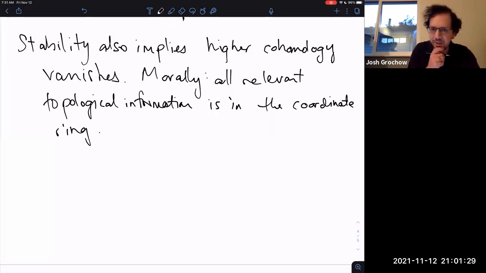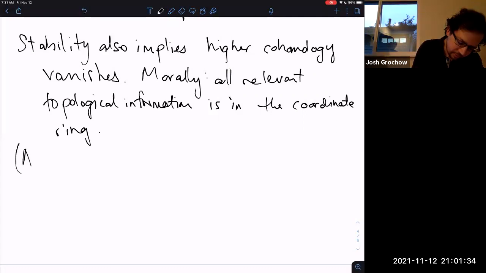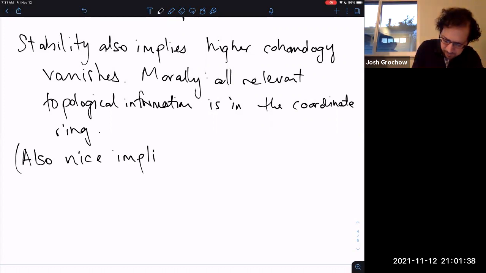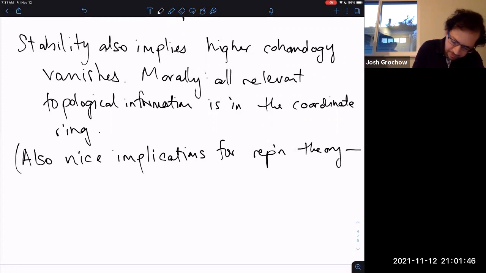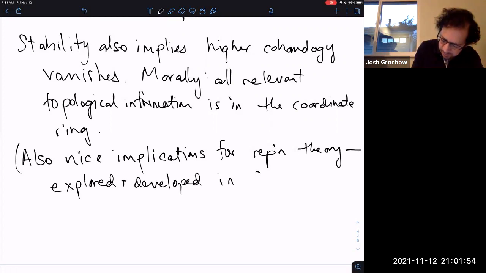Oh, right, I should say there are some other nice implications for the representation theory. And both for stability and partial stability, these are explored and developed much further in the paper GCT2.